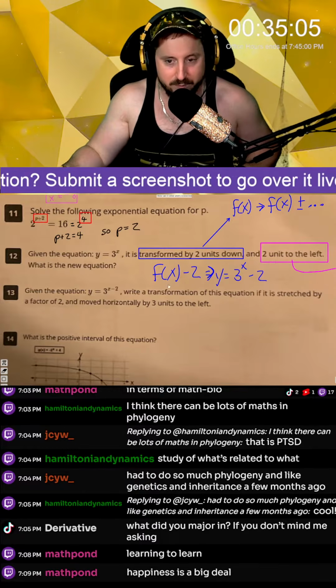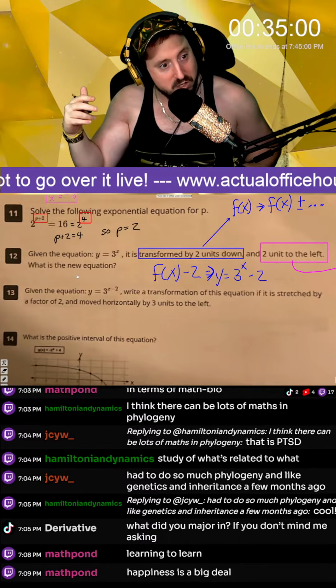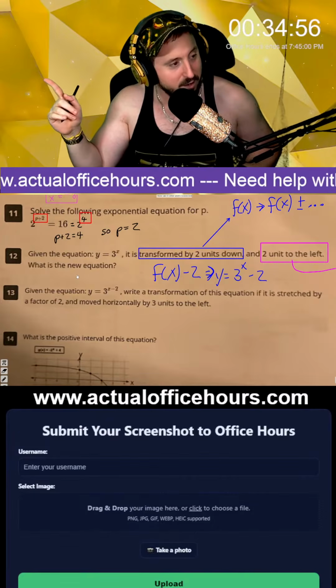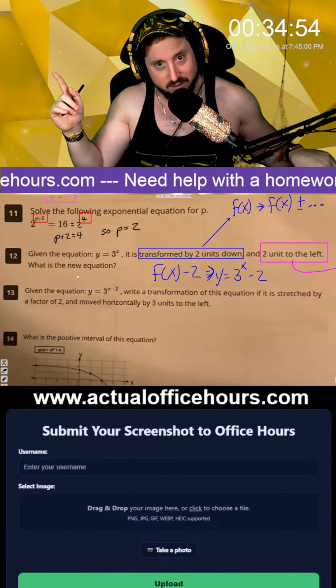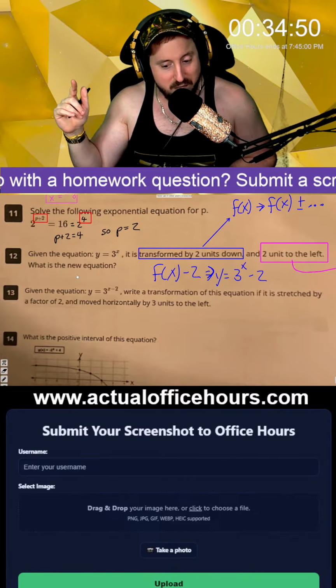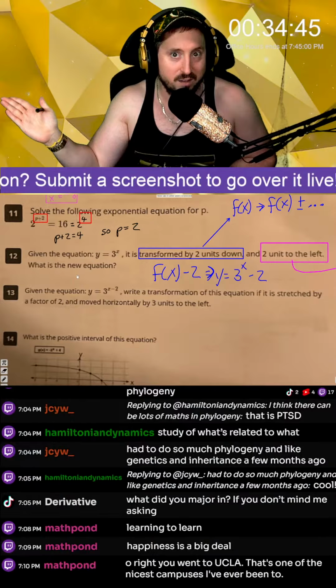That's why I teach there sometimes, because they know I have a PhD from there. Having a PhD does help me get a job teaching at UCLA, 100%. But that does not make me a lot of money. They actually pay peanuts. It's pretty terrible. But yeah, it is a very nice campus.